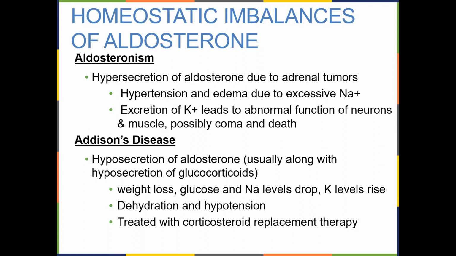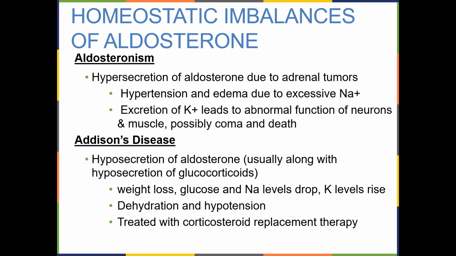So we see your patient with Addison's disease, hyposecreting aldosterone, will have weight loss. They'll have low glucose levels. They'll have low sodium levels. Why low sodium? Because there's no aldosterone there to tell the sodium to stay. Potassium goes up because, remember, if sodium levels go down, potassium levels go up.